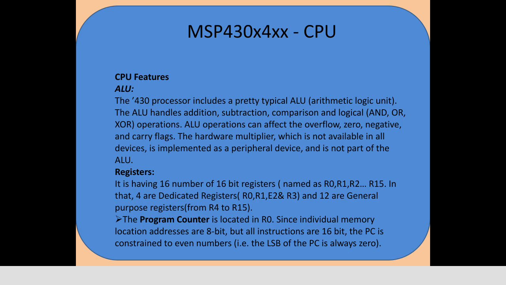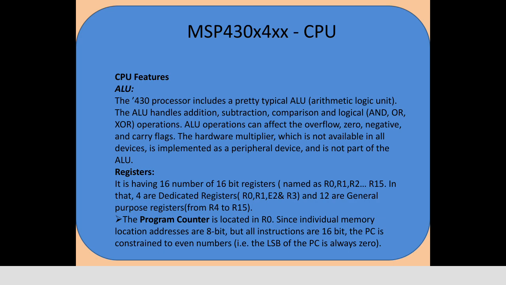When we come to the functions of R0, R0 is dedicated to the program counter. The program counter calculates the next instruction address. Here the program counter LSB bit is always 0. That means the program counter always specifies an even address. That means the instruction should be stored at an even address only.